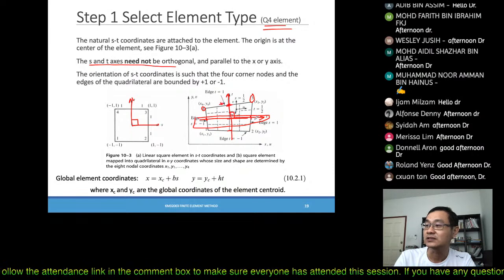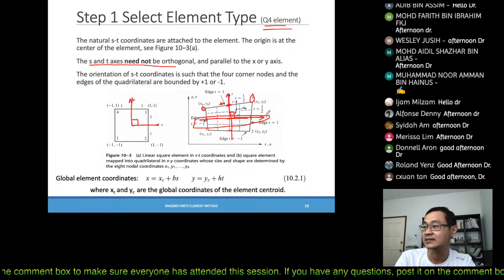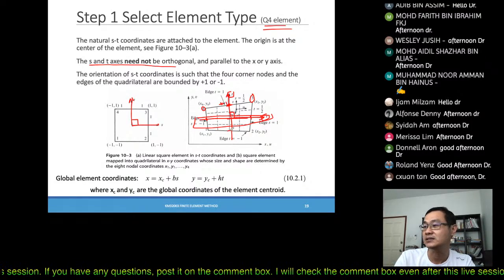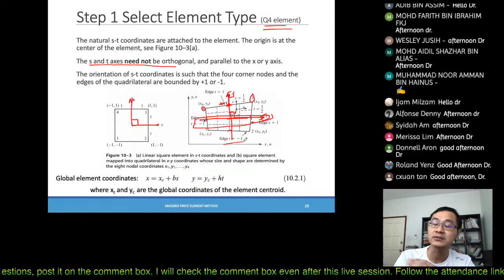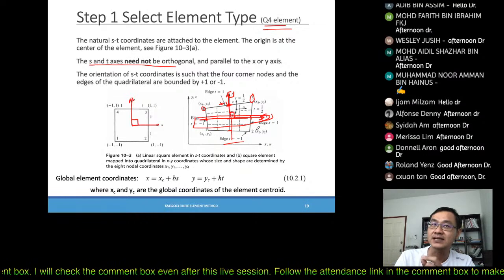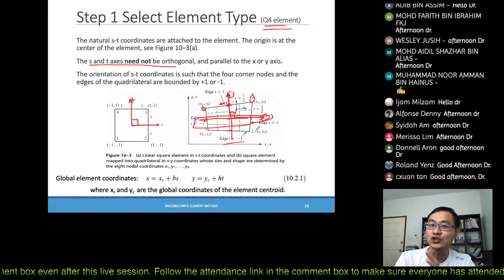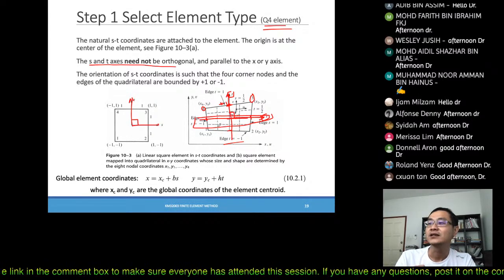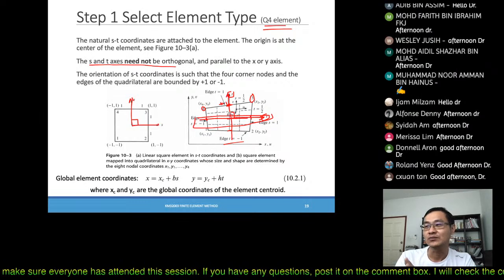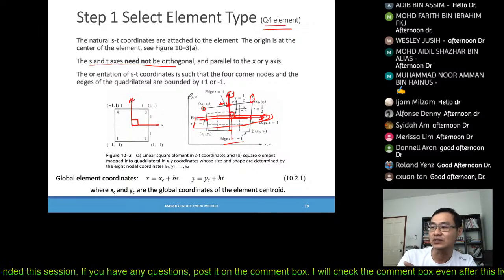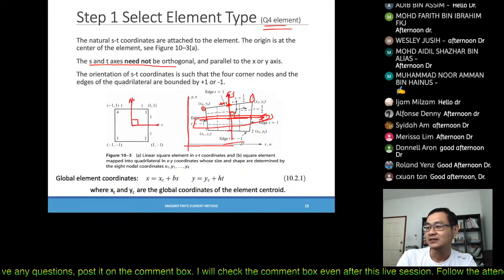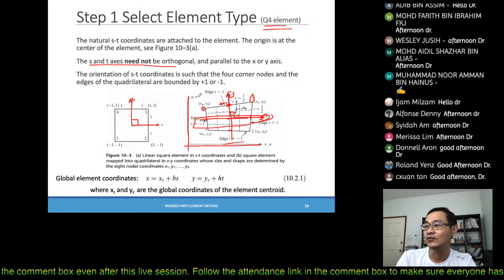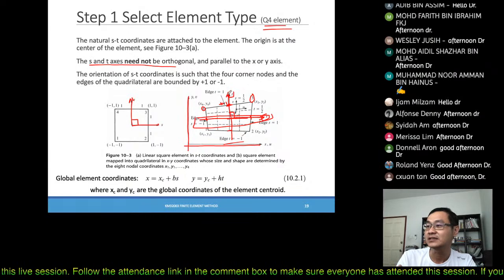This axis is s and this axis is t. So if this is 1, t equals 1, and this one t equals -1. It doesn't represent the usual Cartesian coordinate; it's in the natural form. That's why you may get confused originally. This is the Cartesian coordinate, whereas for the other part, this is the natural coordinate.